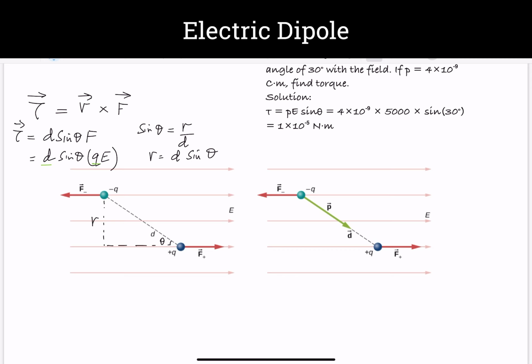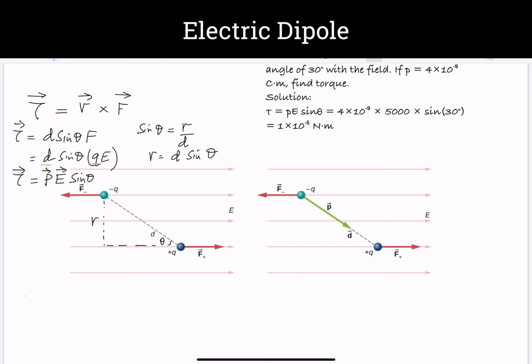Therefore, this can be written as P E sine theta. All I did is combine the product d and q and call it the dipole moment. Now that's a vector. This is a vector, this is also a vector.